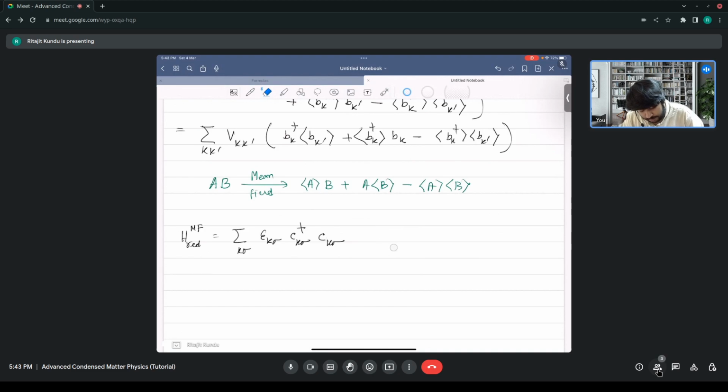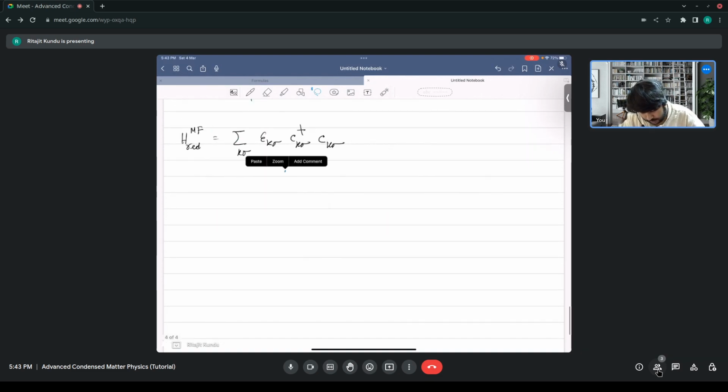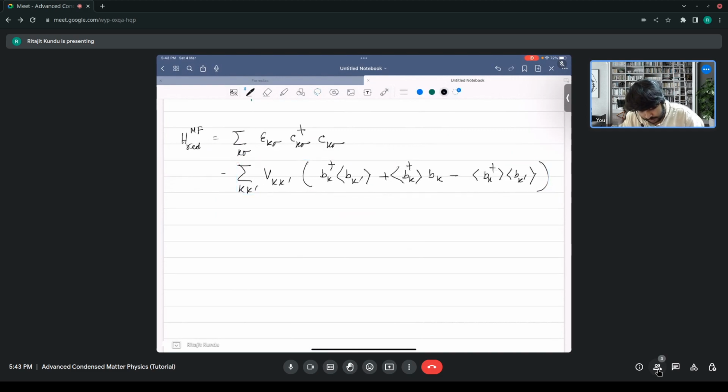Let me copy this back. Now what we can do is replace these b daggers in terms of c operators. So let's do that.